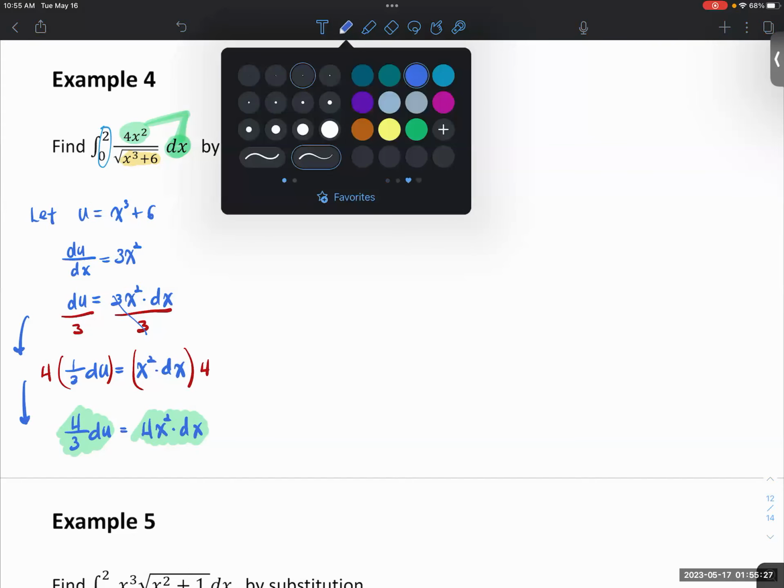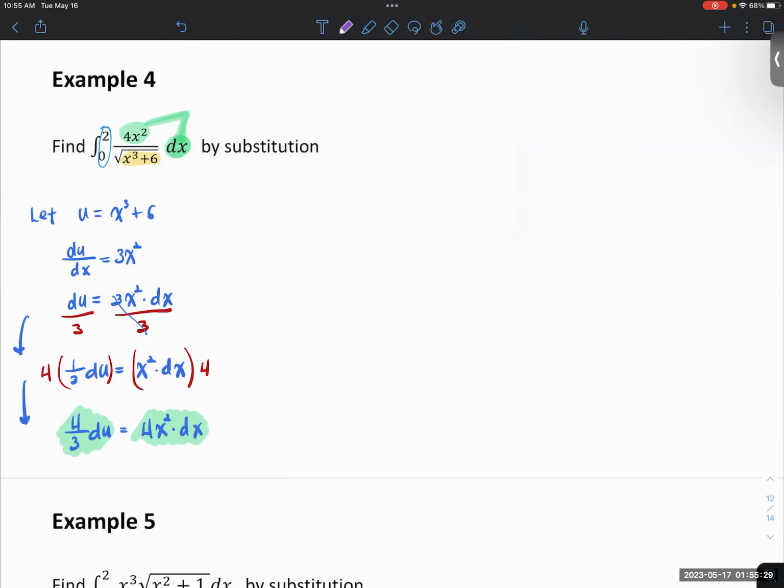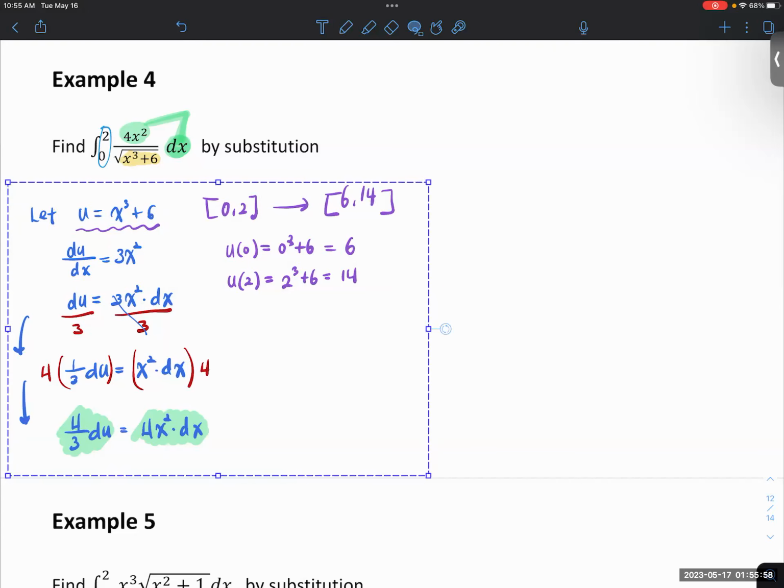And then what did I say? We need to also change the interval 0 to 2 in terms of the u variable. So we just use this. When x is 0, u will be 6. When x equals 2, u will be 14. So this is 6 to 14. That's all you need to change, correct? So we have all the information so far.